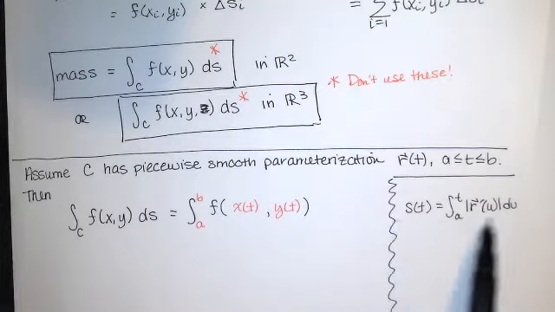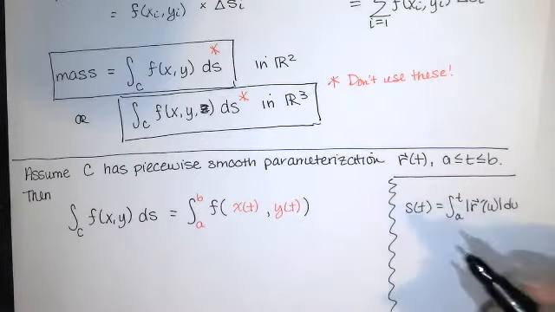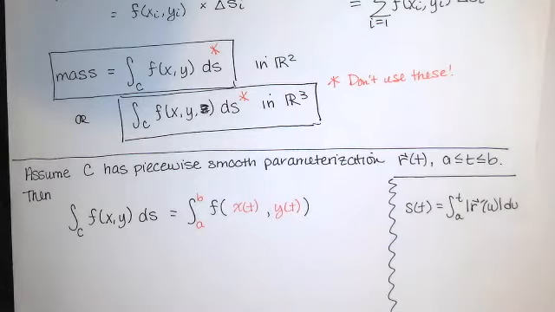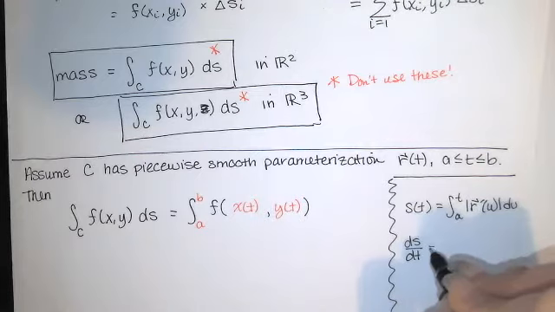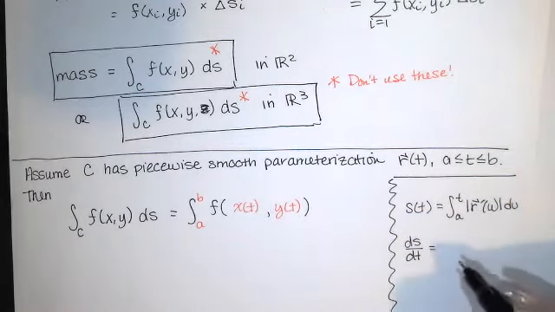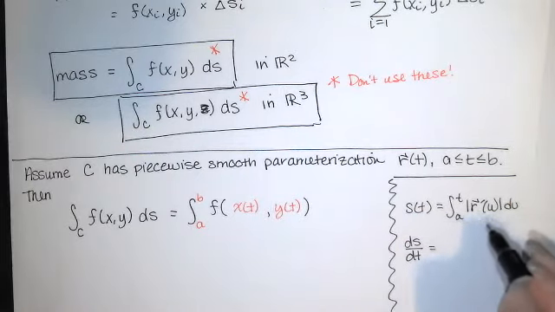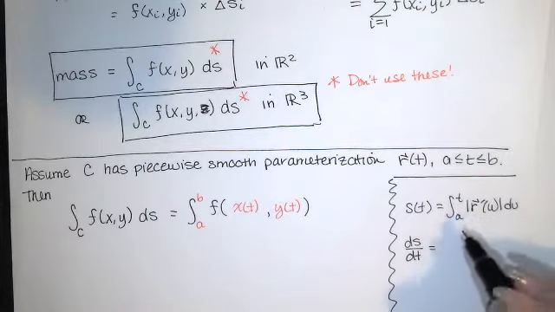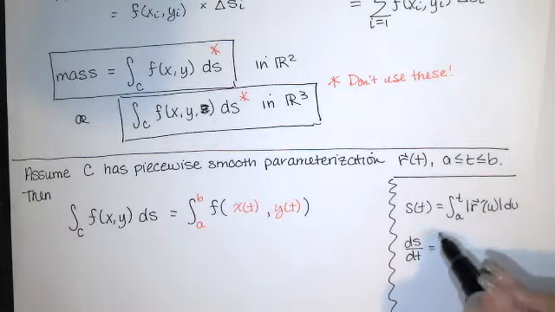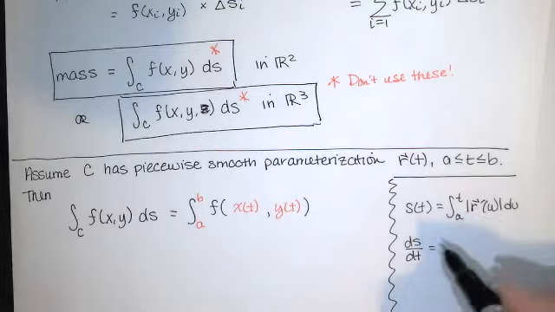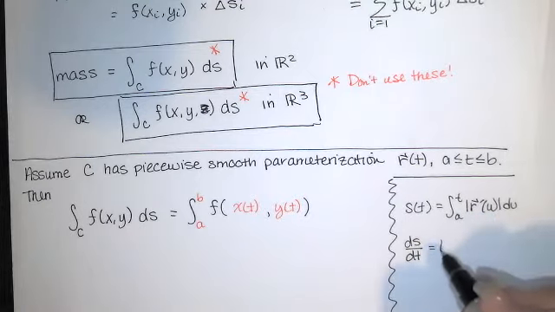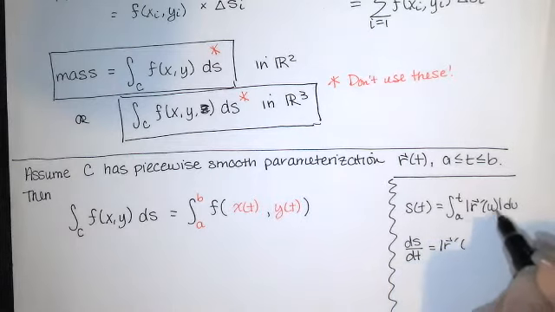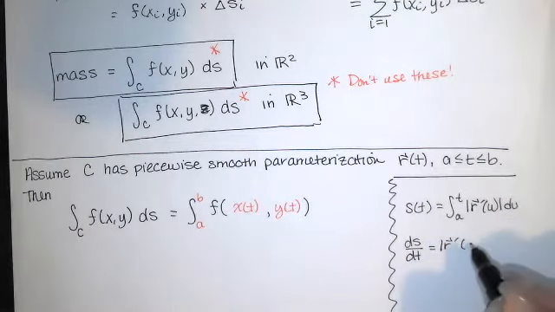Now, if this is our definition of s of t, it's been a while since Calculus 1, but in Calculus 1 we learned, due to the fundamental theorem of calculus, if I take the derivative of this integral, all I end up with is that integrand, except instead of having a u there, I'm going to have a t there.